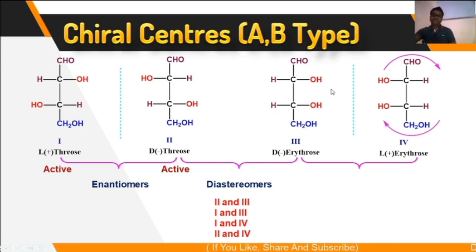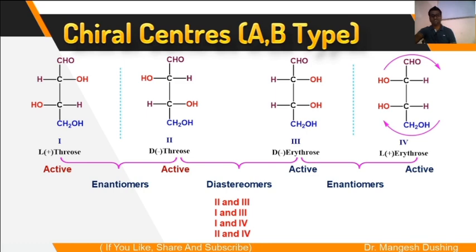So these 2 isomers are called enantiomers of each other. The compounds which contain AB type chiral centers show two pairs of enantiomers, and all four isomers are optically active compounds. So compound number 1 and compound number 2 are enantiomers, compound number 3 and compound number 4 are enantiomers.